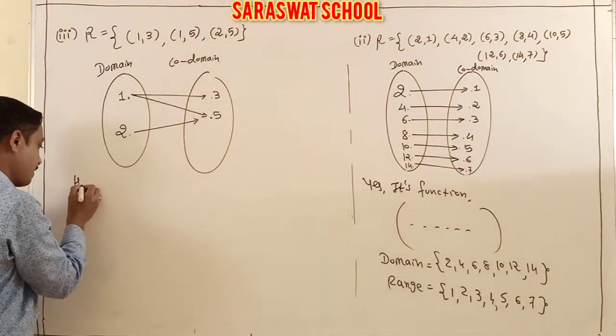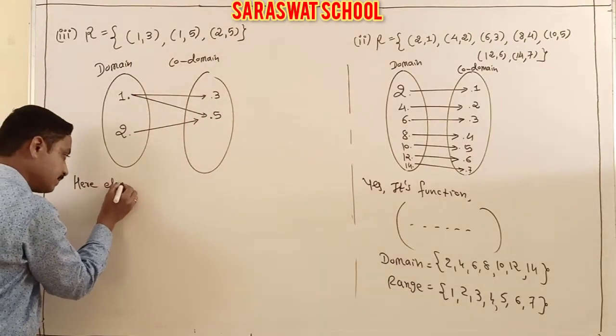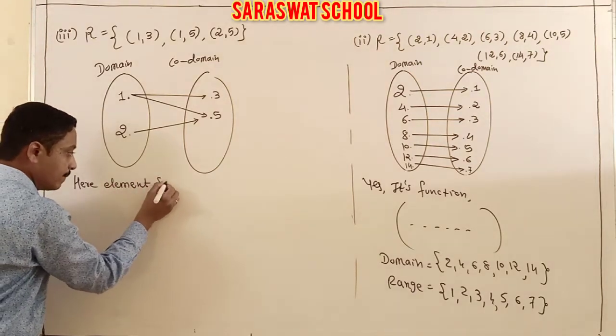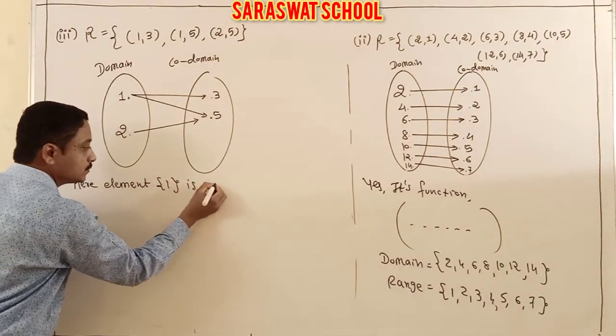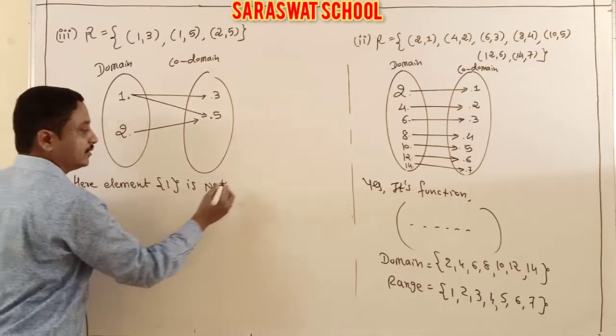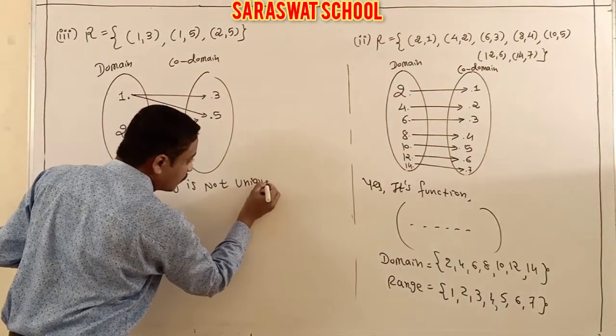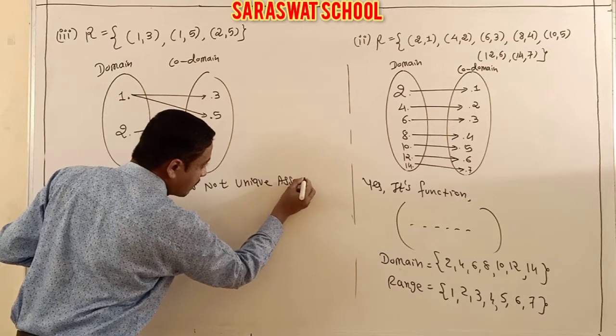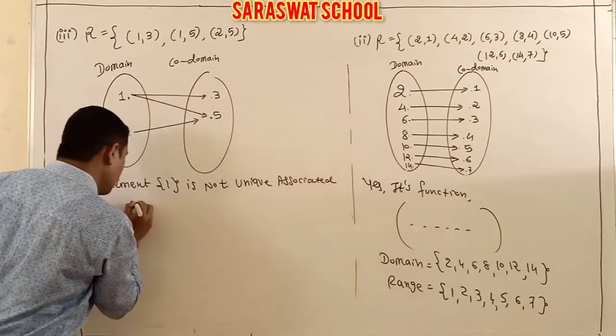So here, the element 1 is not uniquely associated with the codomain.